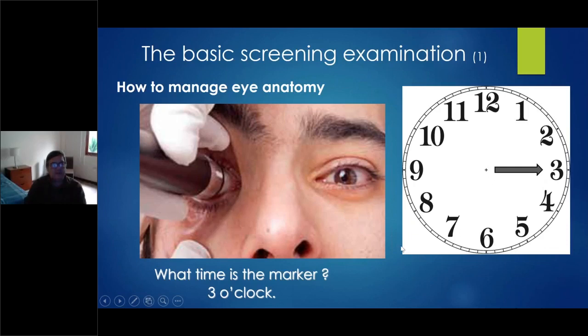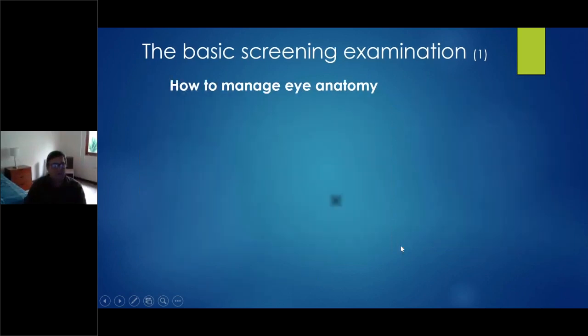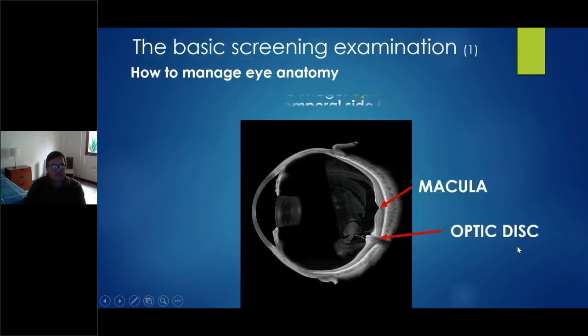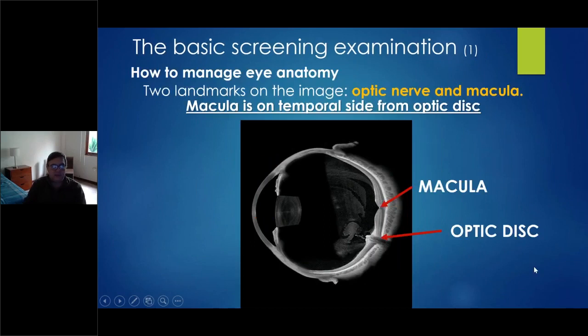Okay, let's go. Then you must recognize pupil, cornea, limbus, sclera in the anterior and intermediate segment. And also, when you are doing ultrasound, you can recognize macula and optic disc in order to describe the pathology. Okay, there are two landmarks of the image, the optic nerve and the macula.